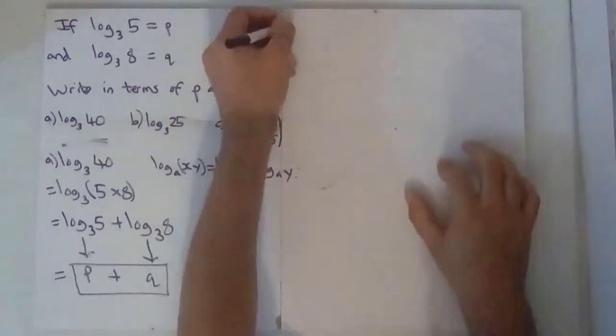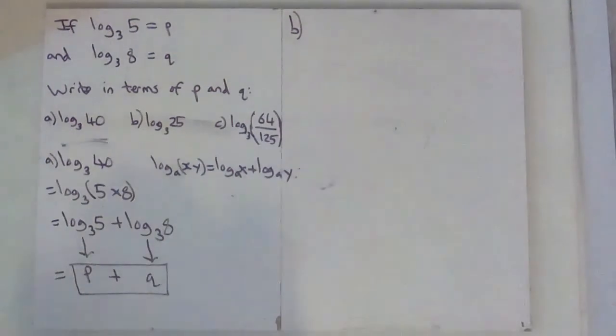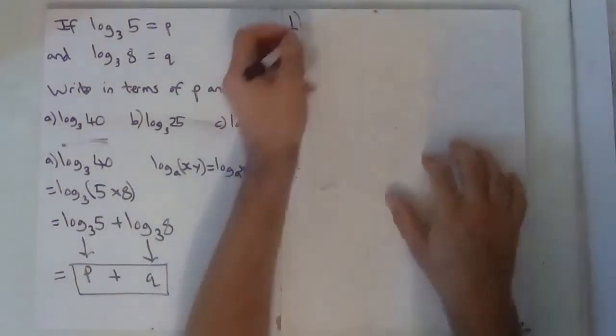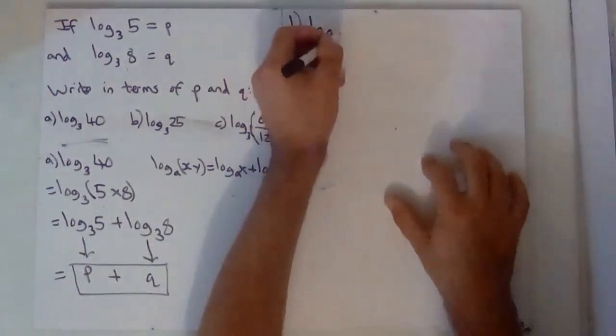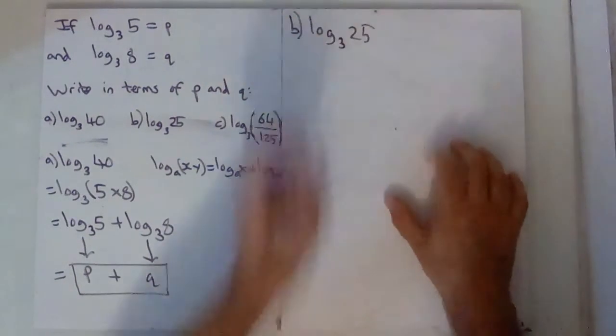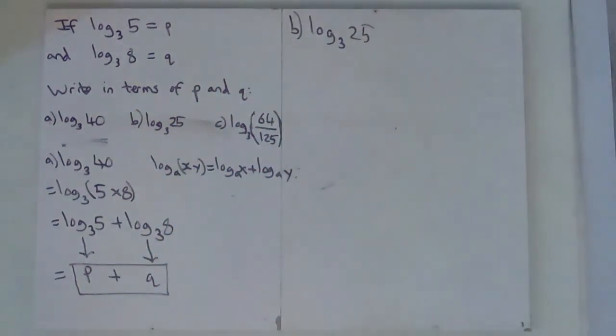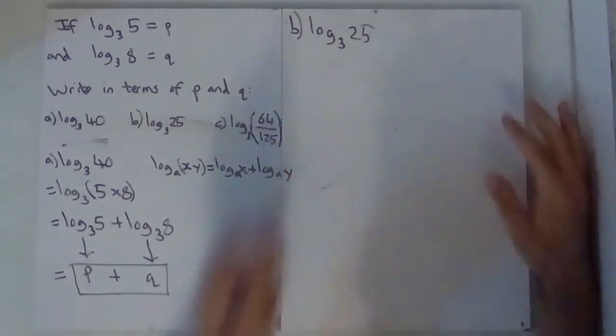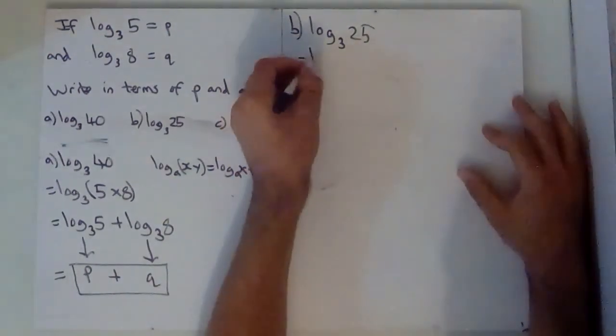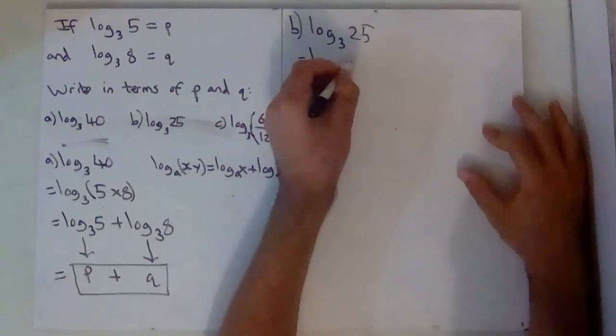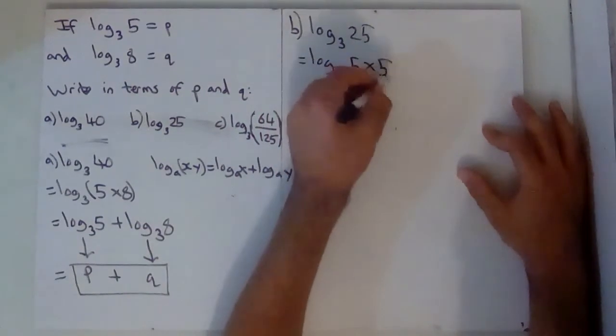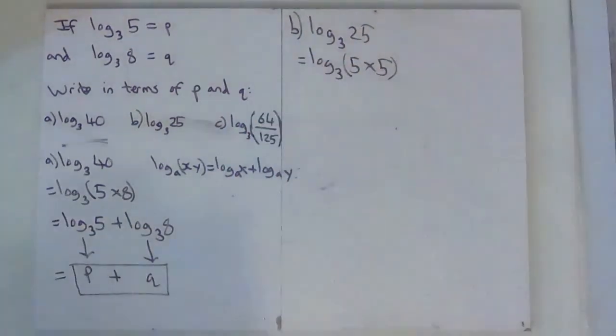Part B. So we have log base 3 of 25. Is it any use? Can we factorize again potentially? So we could say, well, this is log base 3 of 5 times 5 using the same approach, which now you can tackle either way.